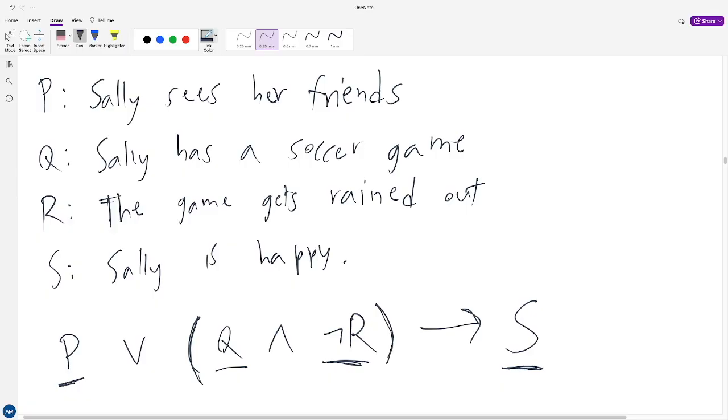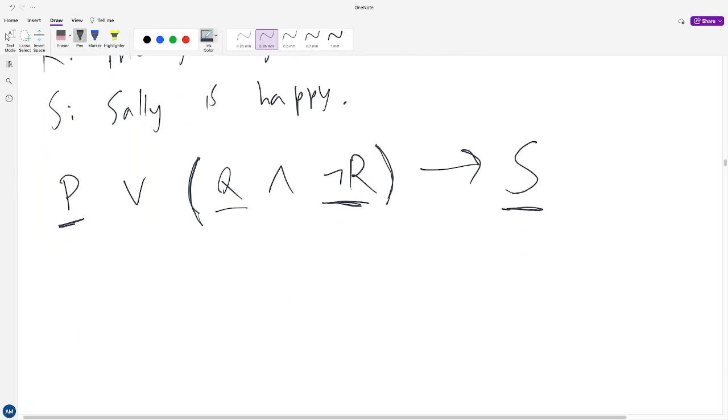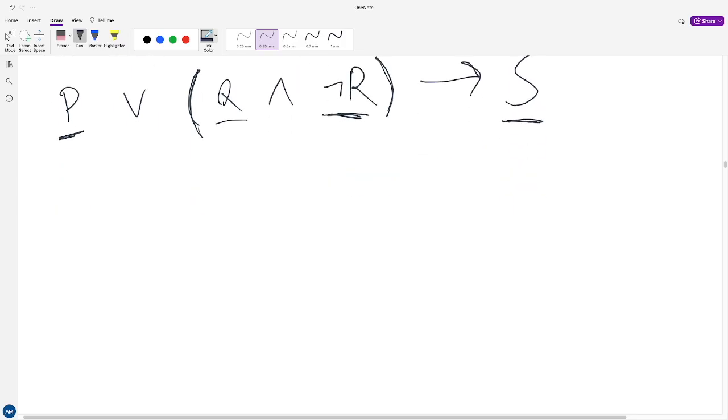So before we get more into this, I want to explain the order of operations of these logical connectives. So in math, whenever we're doing arithmetic, we have PEMDAS or something, right? Where parentheses come first, then exponents, then multiplication, division, then addition, subtraction, and so on, right?